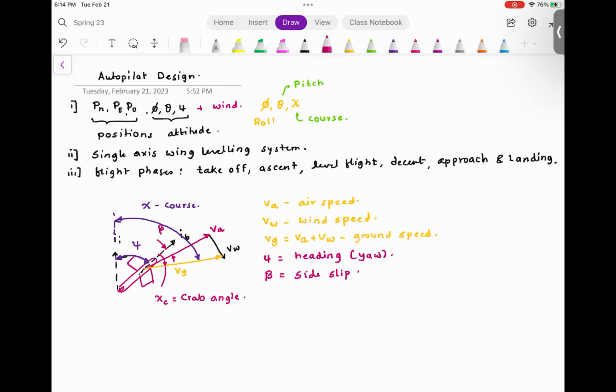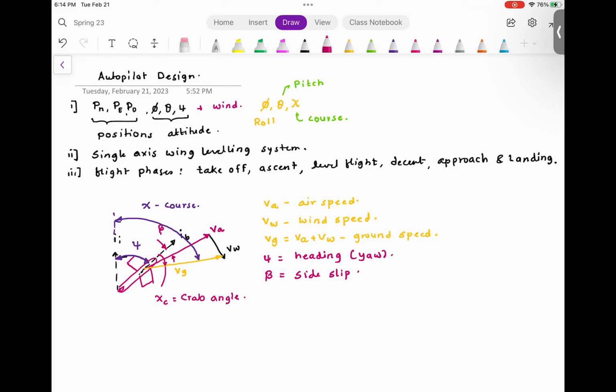Now, when we look at the aircraft flight dynamics, we need to control the lateral motion of the aircraft, and we need to control the roll motion of the aircraft. So basically, I need to control the course angle chi, and then the lateral dynamics of the aircraft.